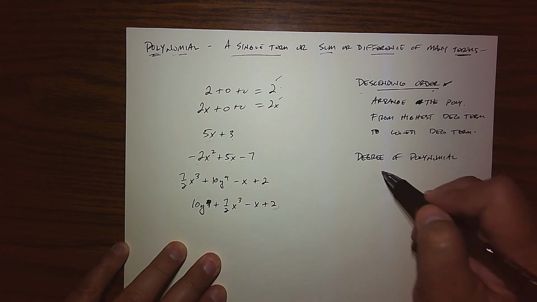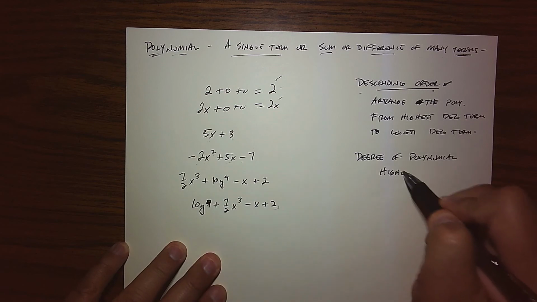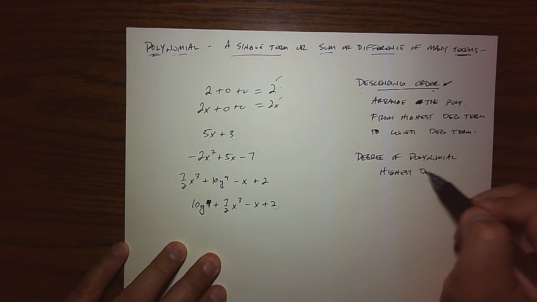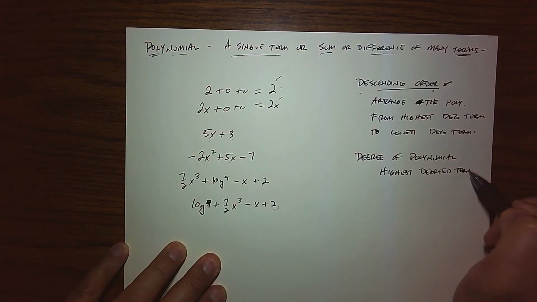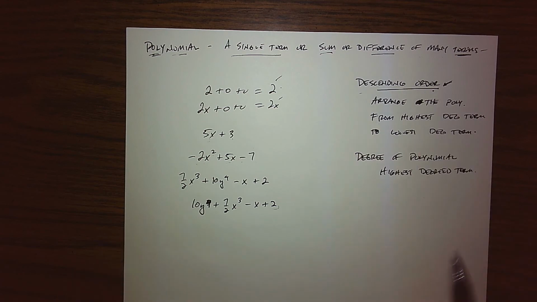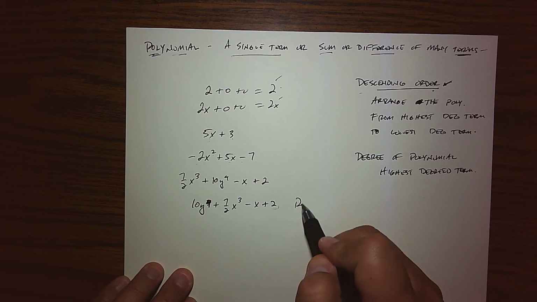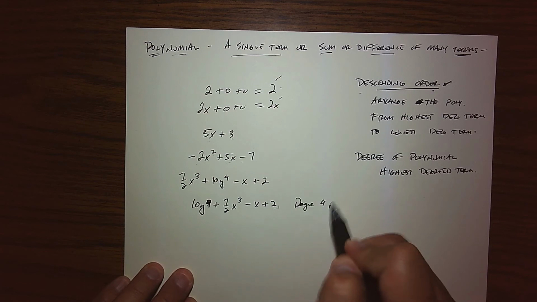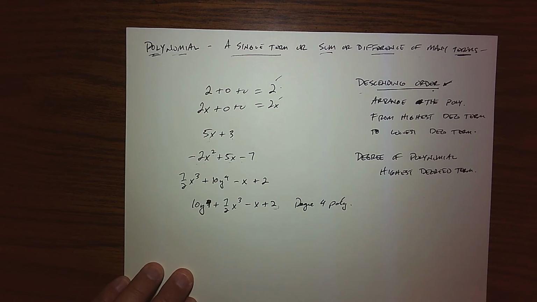But the degree of the polynomial is the highest degree term. So when I look at this, and this is why descending order is so important, this would be a degree 4. So this is a degree 4 polynomial because the highest degree is 4.